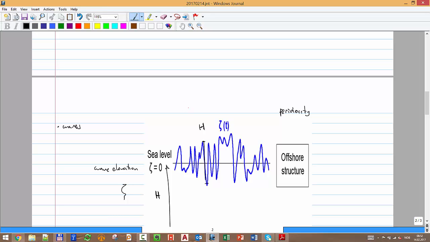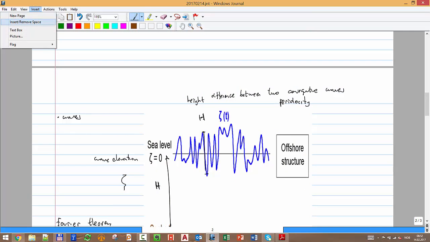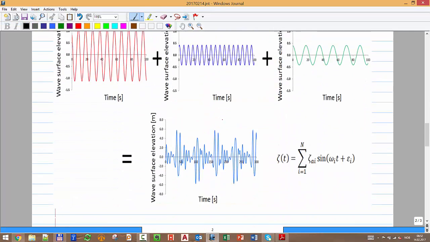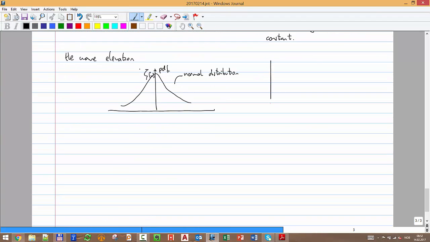So that we call height, and it is the difference between two consecutive waves.